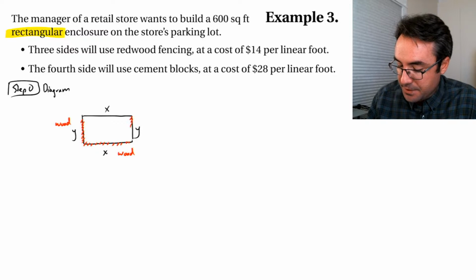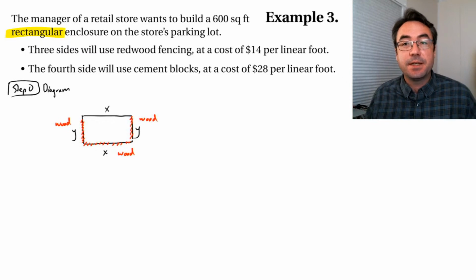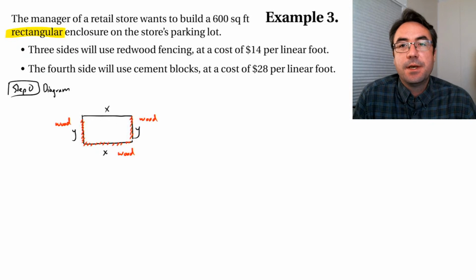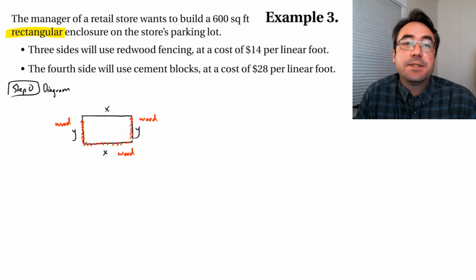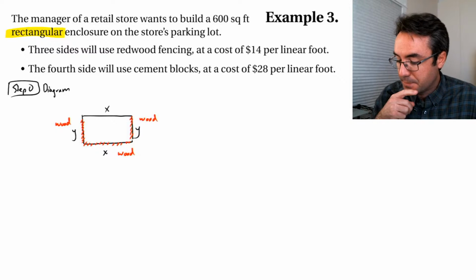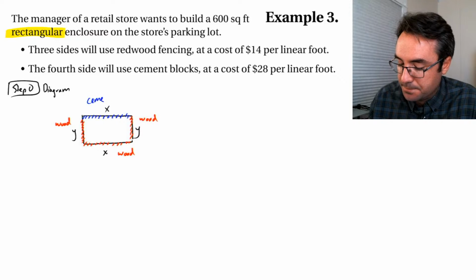And this side is going to use the wood fencing. As long as you're consistent, it doesn't matter which one you choose, you'll end up with the same result. You just have to be consistent. And then this other side here, this is going to be our cement wall.